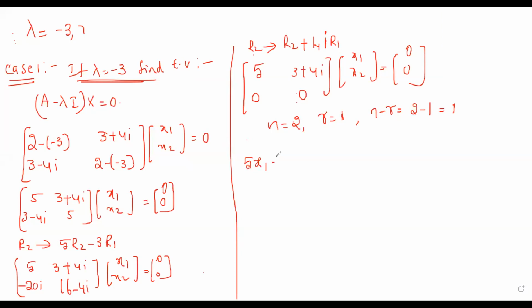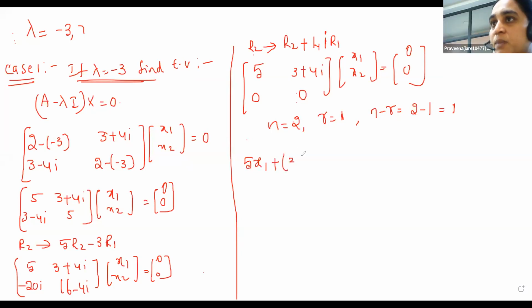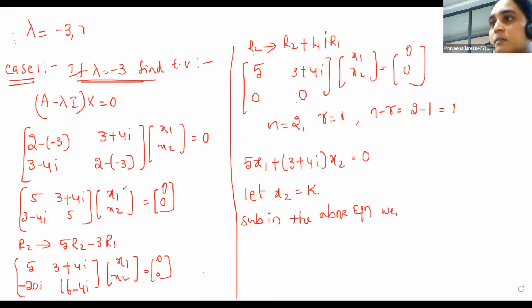5 into x1 plus 3 plus 4i into x2 is equal to 0. Okay, then let us take x2 as k. Substitute in the above equation. We get 5 into x1 plus 3 plus 4i into k is equal to 0.